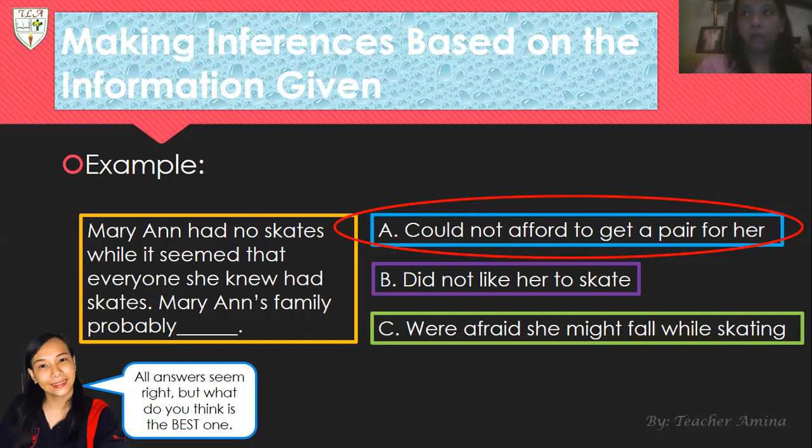Well, we all know that all children like to run around and ride their bicycles, and they do fall, and we cannot prevent that from happening. So my answer is letter A. They could not buy her a pair of skates because they couldn't afford them.